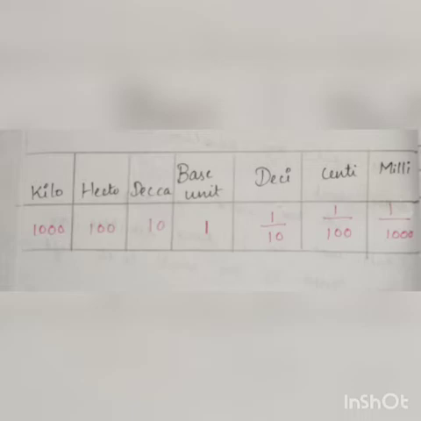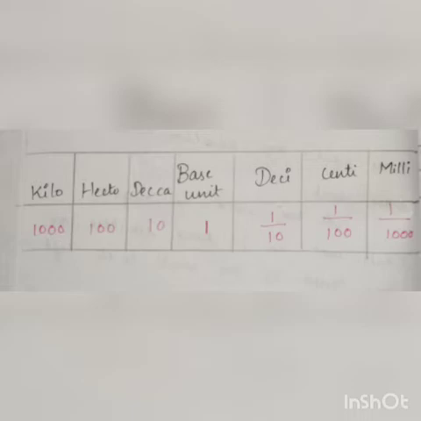So, one unit you are shifting, so our value will be 1/10, that is 1 by 10. Then, if you are shifting from base unit to centi, you are shifting 2 times, so 1 by 100. In 100 we have 2 zeros. Next, from base unit to milli, you are shifting 3 times. 3 times means 3 zeros will come, so 1 by 1000.